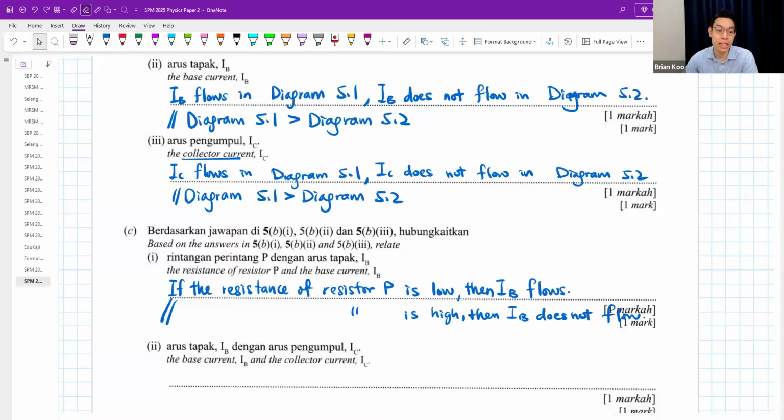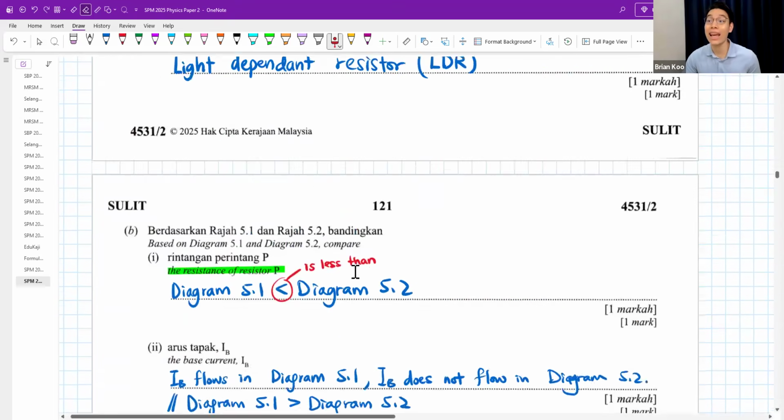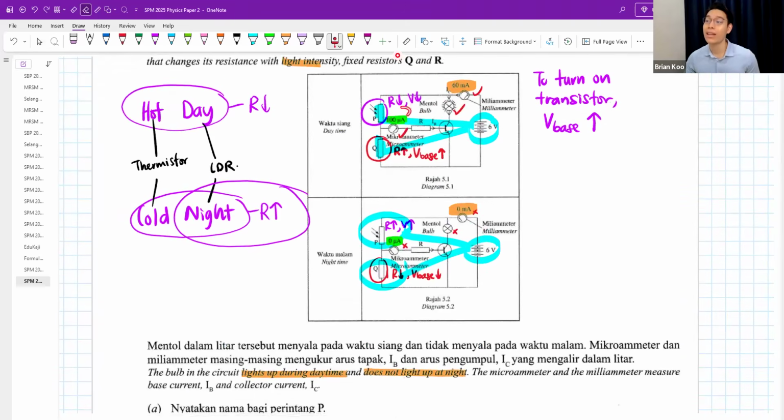And what about the relationship between base current and collector current? If you ask me, the best one is if the base current flows, then the collector current flows. If the base current does not flow, then the collector current does not flow. Okay, or you want to say if the base current is high, then the collector current will be high. Something like that. Yeah.